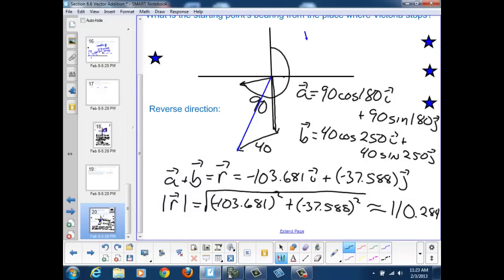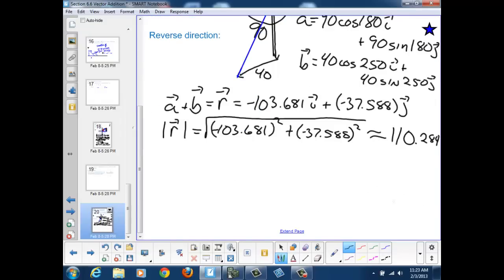To find the angle, we start by taking the inverse tangent of the vertical over the horizontal. So negative 37.588 over negative 103.681.